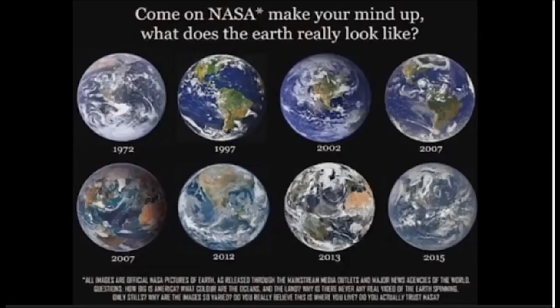Now, taking a look at all these images provided by NASA over the years of the supposed ball Earth. Of course, I've covered this many times. None of this adds up, with 2012 in North America, the United States. Look how large it looks in relation to the other so-called ball Earths. So what I'm getting at is this. For all those that try to debunk the flat Earth, before you even try, prove your ball Earth. And you can't, because all NASA has ever given us, again, is nothing but fakery.